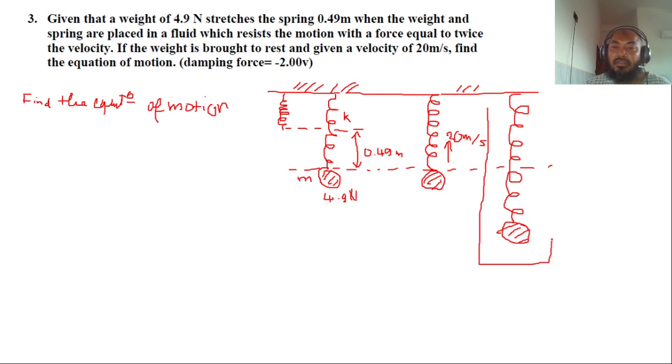Let's say this is the fluid. This fluid has a damping force. We call it damping force; it is like the concept of friction force, but here we call it damping force.